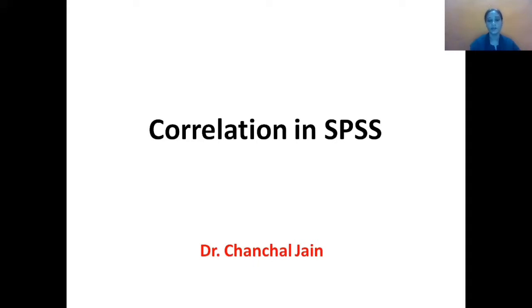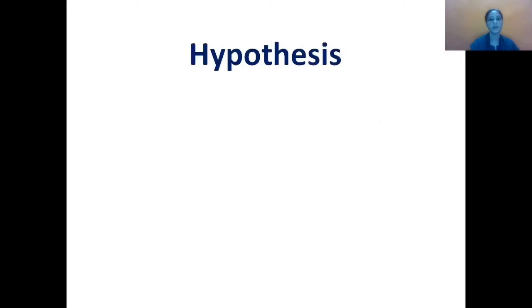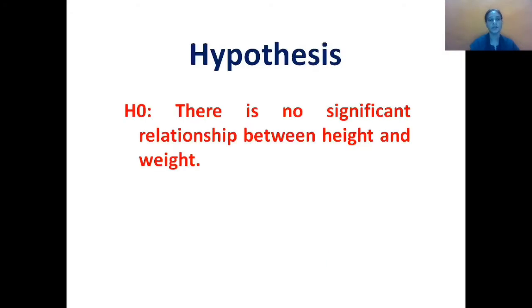Firstly we will see, if we have two variables, what type of hypothesis we can make. So let's see now what can be the hypothesis for correlation. Suppose my hypothesis is there is no significant relationship between height and weight.